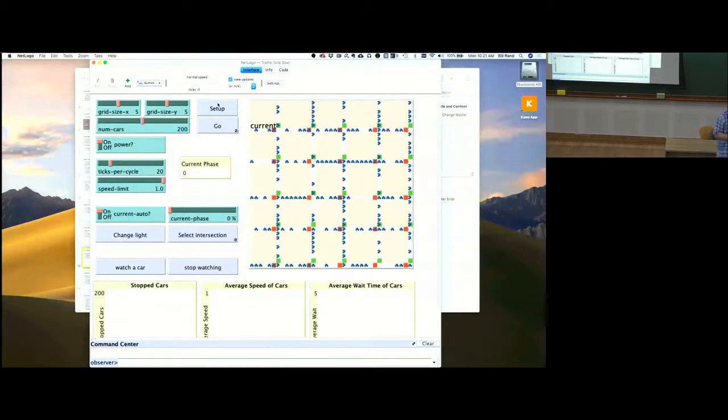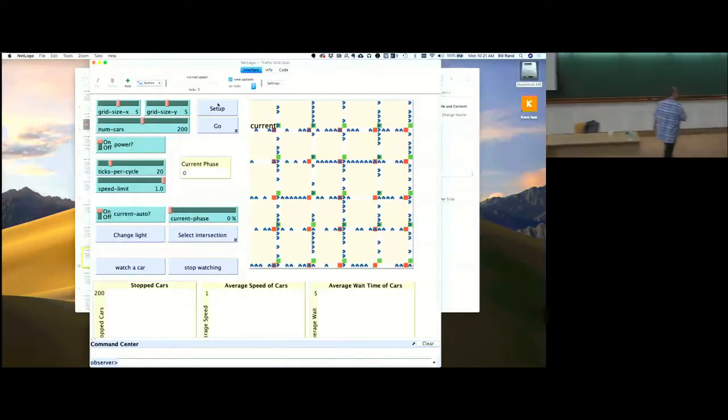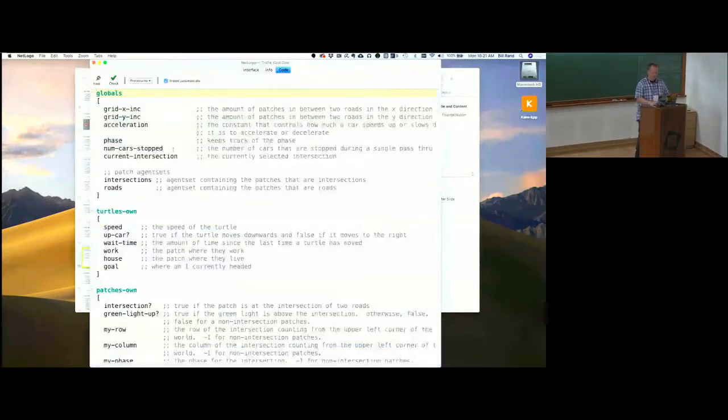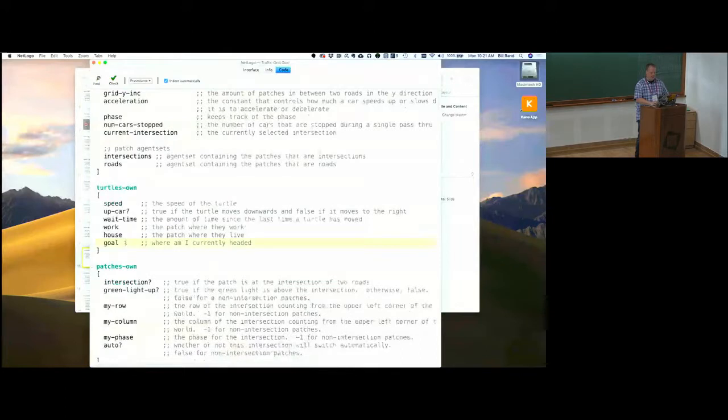And so what you're going to see, if you look at the code, is that the turtles have a work, a house, and a goal. Work is where they work, house is where they live, and the goal is where they're trying to get to. So that switches in the morning and in the evening.